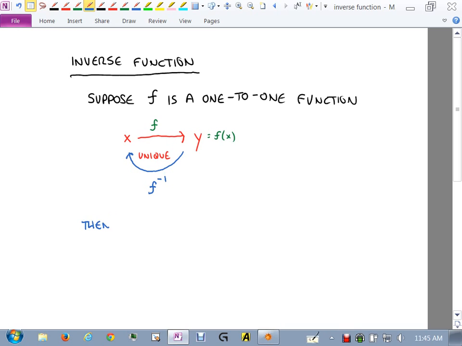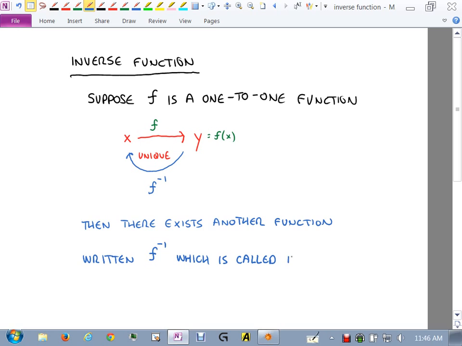So suppose f is a 1-to-1 function. Then there exists another function, written f inverse, which is called its inverse function.